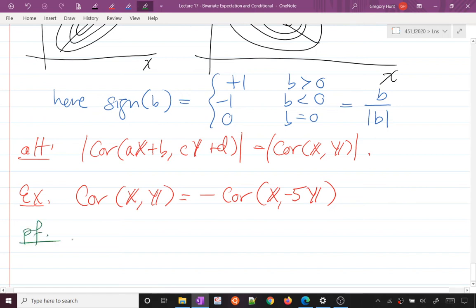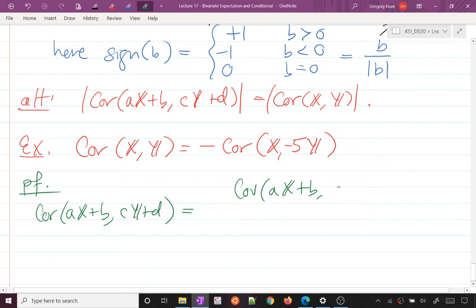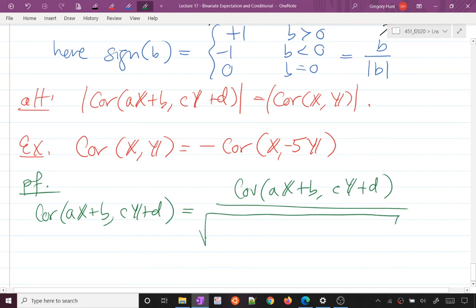Let's see if we can do a real quick proof of this. The correlation between ax plus b and cy plus d, we know that we can write this as the covariance of these two things, ax plus b and cy plus d, over the square root of the variances, so the variance of ax plus b times the variance of cy plus d.